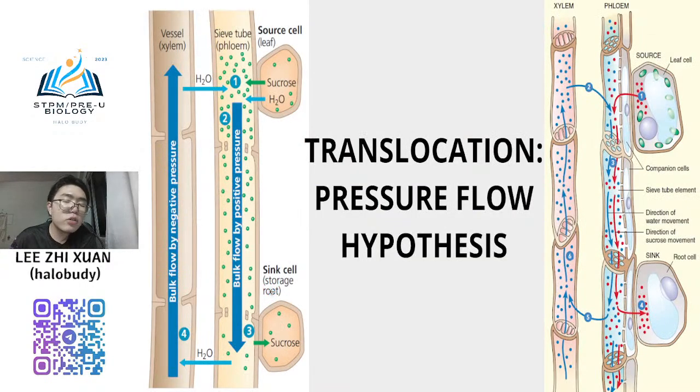In our syllabus we have 4 hypotheses to learn. First is the pressure flow hypothesis, then electro-osmosis, cytoplasmic streaming, and lastly peristaltic wave. The most common one is pressure flow, or mass flow. These two are the same, just different names.